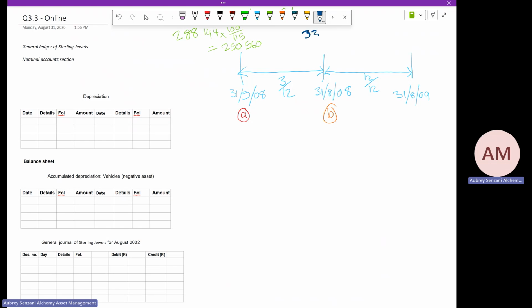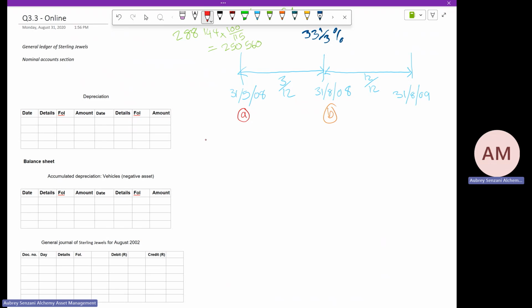So 33 and 1/3% is the depreciation rate. For us to calculate the depreciation in the A portion, remember here we are on the reducing balance method.